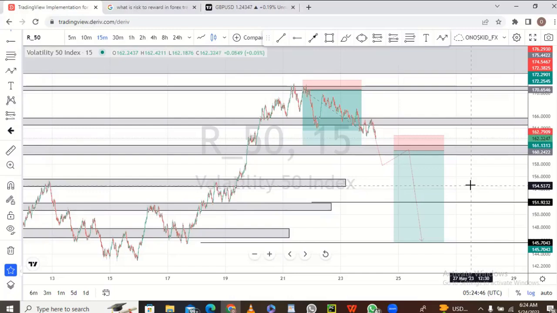You have to know the lot size you're using. You have to know where you are willing to put your stop loss. You have to know where you're willing to put your take profit. So you need these parameters: your entry point, your stop loss point, your take profit point, and the lot size you're willing to use.